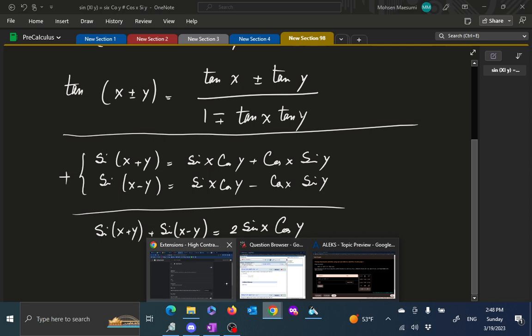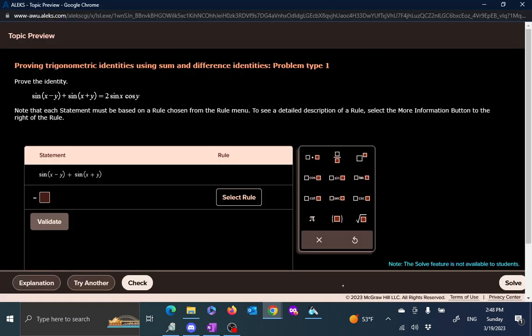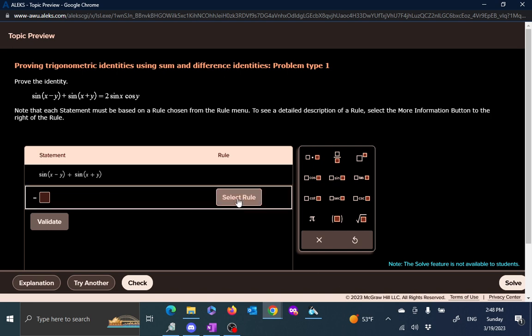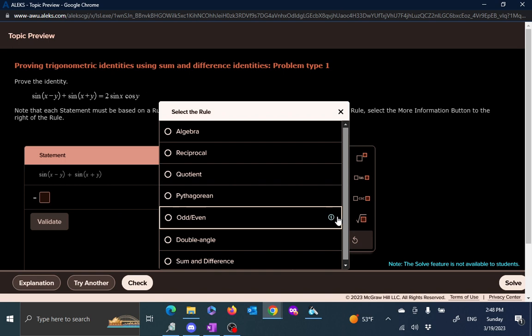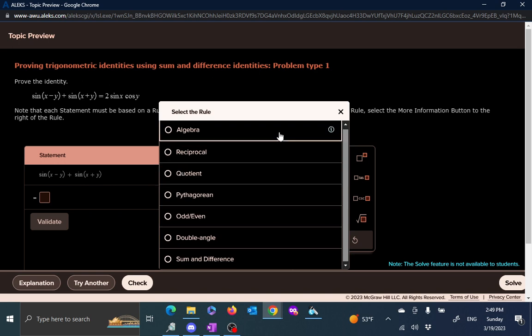Okay, so what we are doing here is trying to find our way. When it says select a rule, notice that now we have a few more rules than before. We have sum and difference, which is what we have been studying. Double angle is going to come up next, not there yet. Odd and even, we had a few chances of using them, and the other ones are old ones.